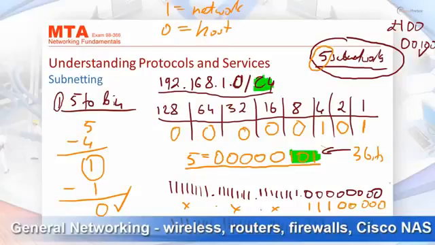Now if I ask you to write it like that, what is it? You have to count all ones, so it's 24, 25, 26, 27. Okay, our new subnet mask is /27. That is our new subnet mask.